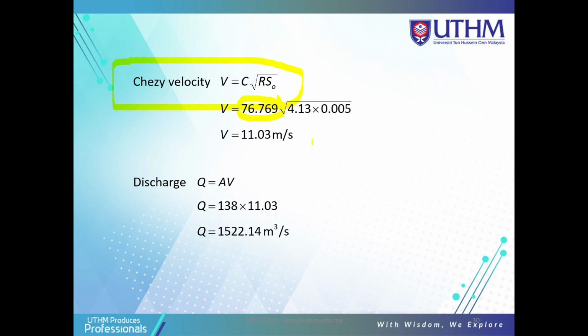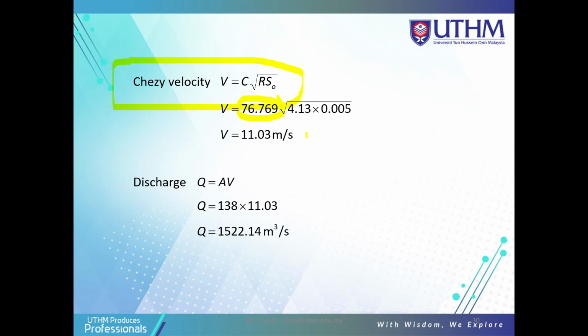So in topic 2, you will use the formulas or equations in topic 1 to get the value of velocity, to get the value of discharge, using the Chezy formula and Manning formula in chapter 2. Just remember that for your test 1, we will cover topic 1 and topic 2.